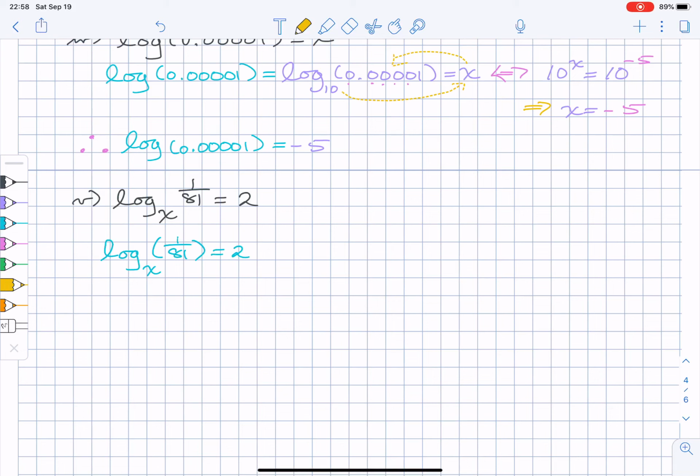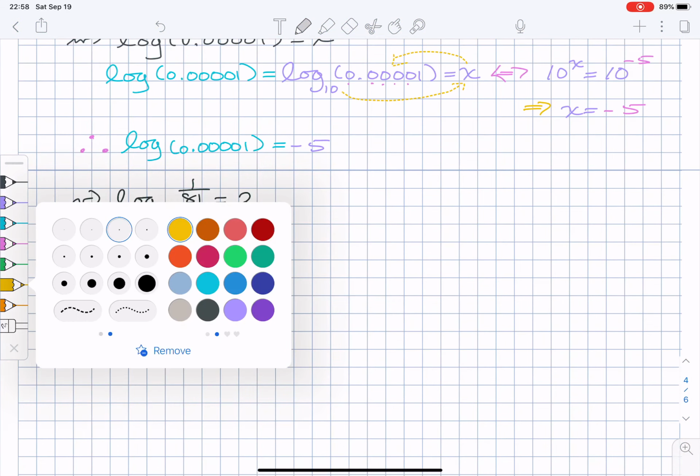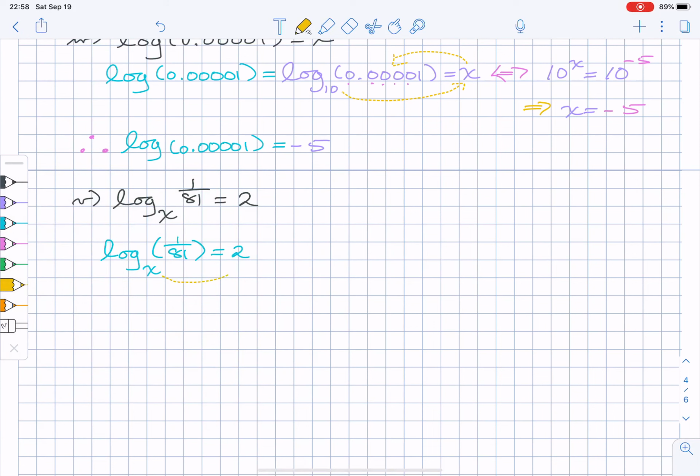So I want to translate this into exponential form. Base raised to the answer is equal to the argument. So this is equivalent to saying x squared is 1 over 81.